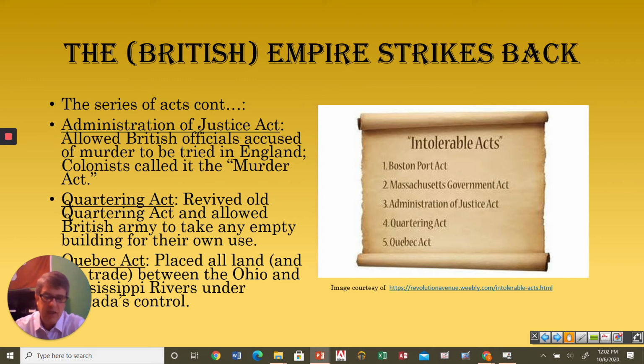So again, going back to the Quebec Act, which goes back to the Proclamation of 1763, this new Quartering Act, which went back to the initial Quartering Act in like 1765. All right, Parliament now has no qualms about doing things they know are going to be unpopular. They knew these acts were unpopular in the colonies, and to some extent, they had been backing off in the late 1760s.